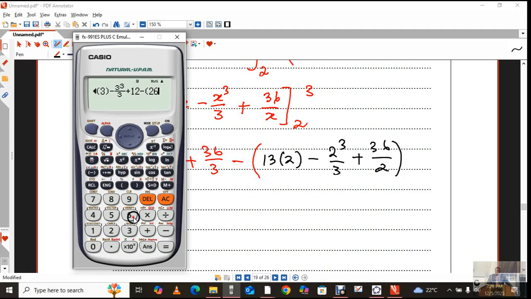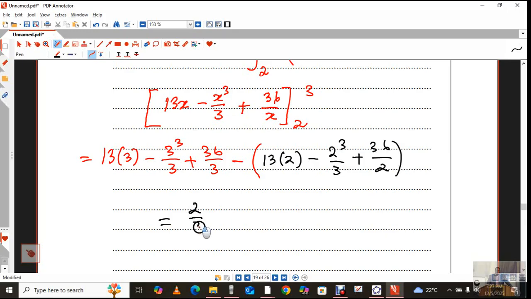I'm going to say 26 minus 8 over 3, so 8 over 3, plus half of 36 is 18, plus 18, close, hit enter. 2 over 3. That is the answer. The answer is 2 over 3 because this is area, so we're going to say square units.